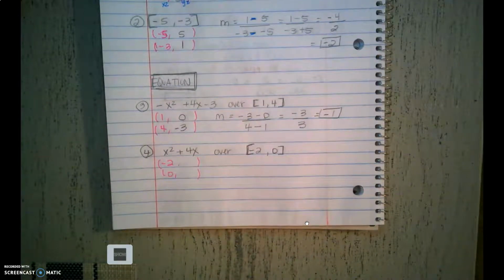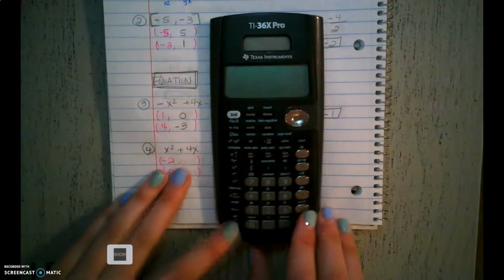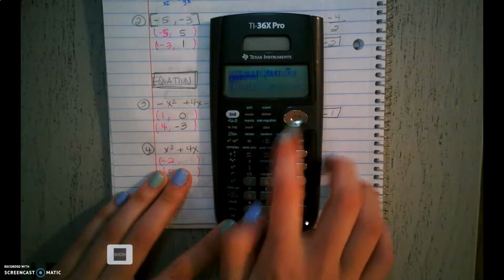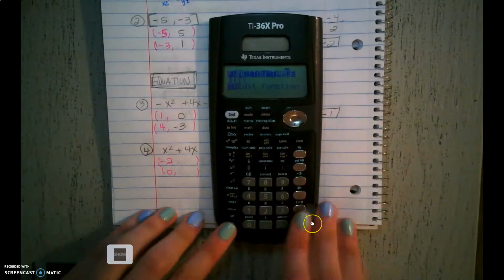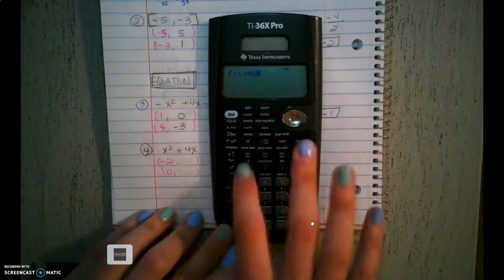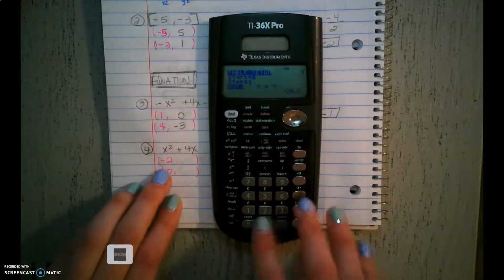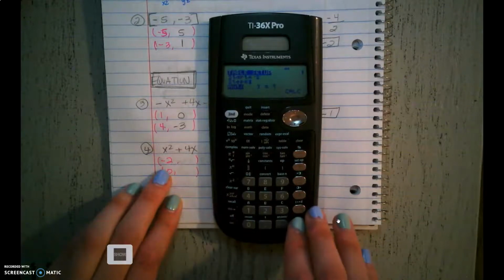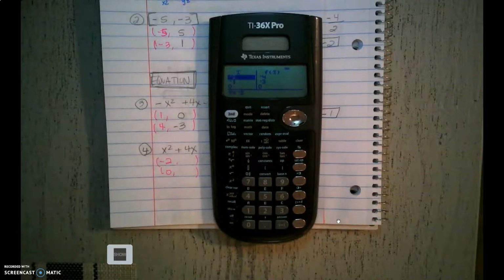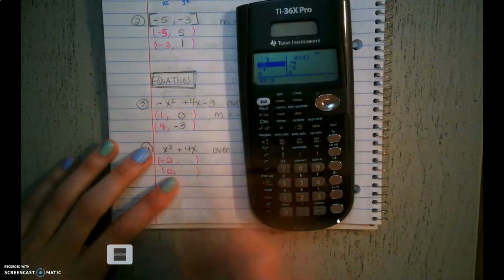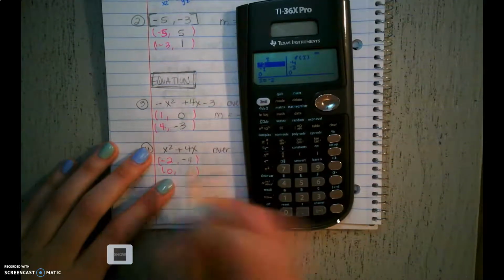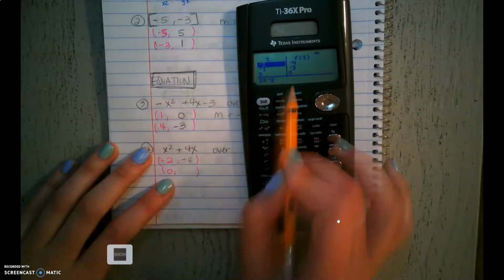So I'm going to create a table of values. I'm going to go to table, edit function. Let's see, x squared plus 4x. Got it. I'm going to start at negative 2 because that's what I'm looking for. When I have an x value of negative 2, I have a y value of negative 4. And when I have an x value of 0, I have a y value of 0.